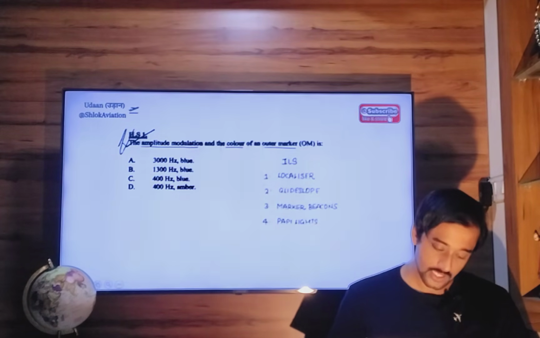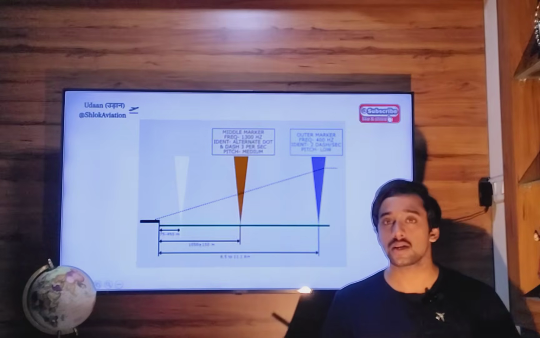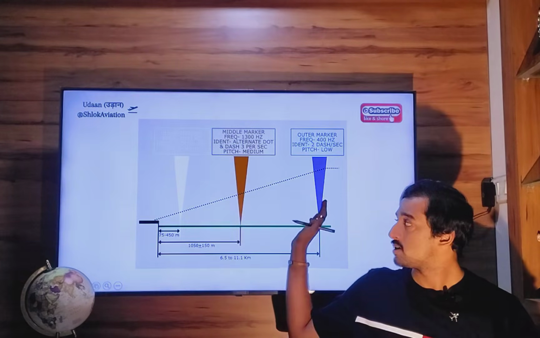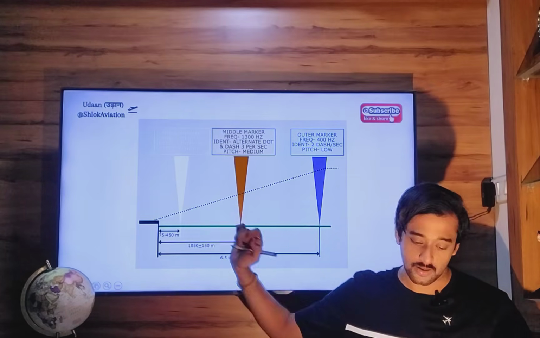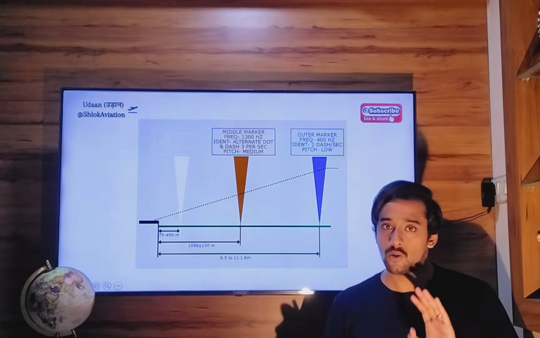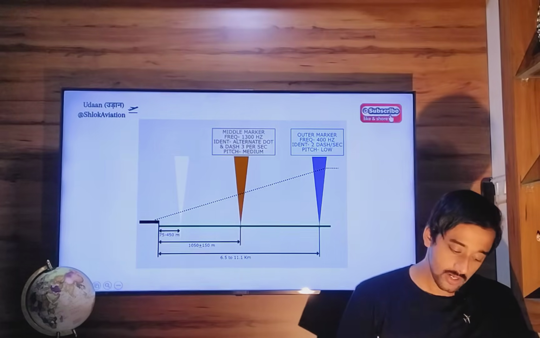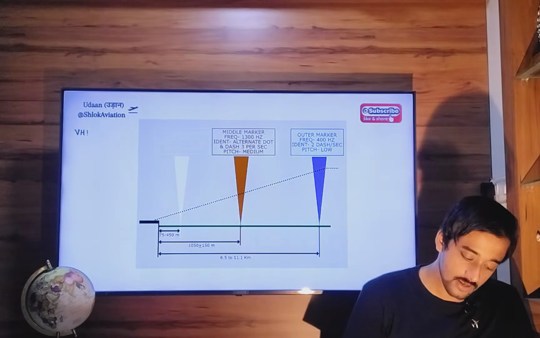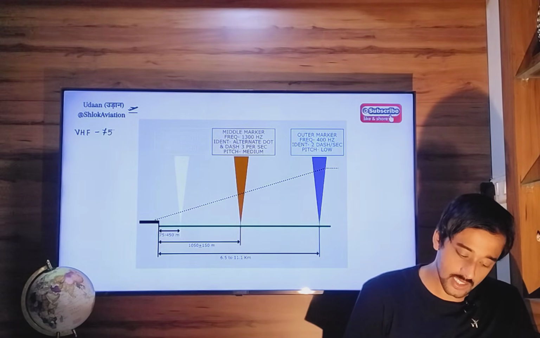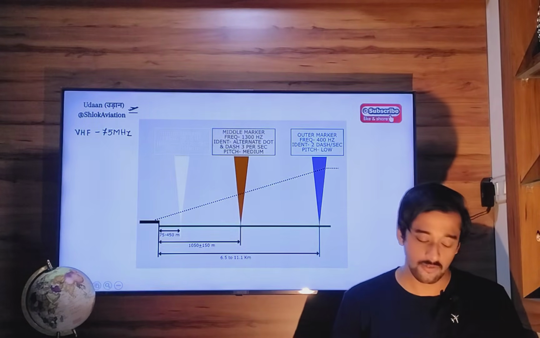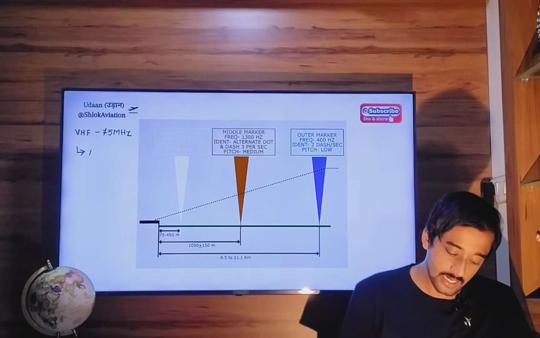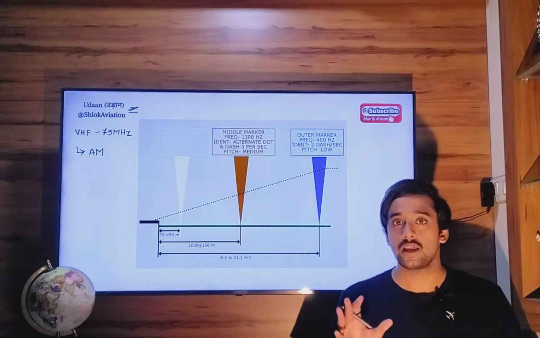Now, out of this, there are three marker beacons: the outer marker, the middle marker, and the inner marker. All these marker beacons transmit on a frequency of VHF 75 megahertz. This is the main carrier frequency, and it is further amplitude modulated by different frequencies.